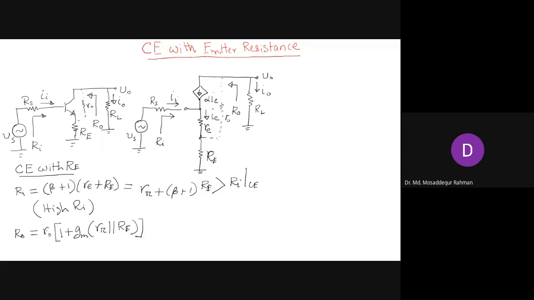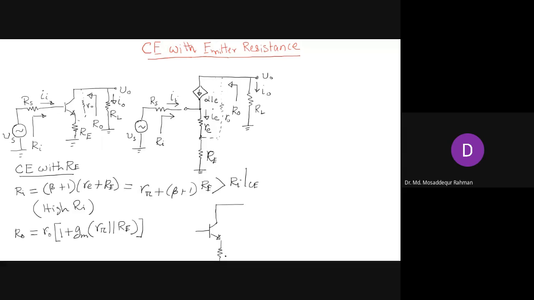So whenever you have a resistance in the emitter and you are looking from the collector, the output resistance takes this form. This same expression we have also mentioned for the common base amplifier, the output resistance for the common base. In the common base, we apply the input at the emitter and we have a resistance in the emitter side.